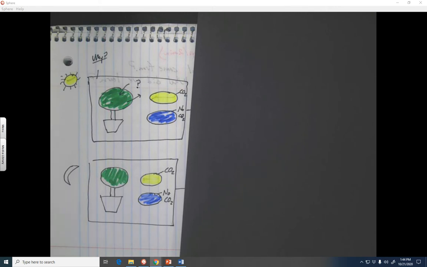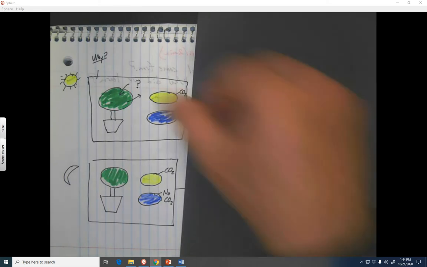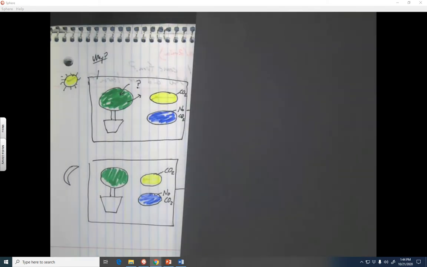We asked people then to predict what they thought would happen when we let these experiments run over the course of 12 hours. A plant in light and a plant in the dark. When we were discussing these things, we were discussing what would cause possible changes. Would the plant absorb CO2 at the very top up here?